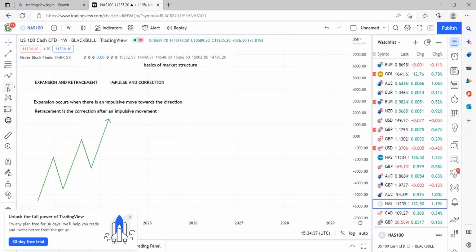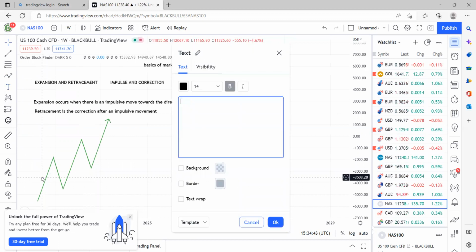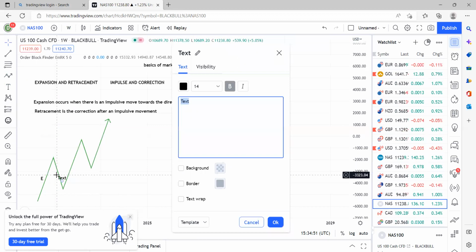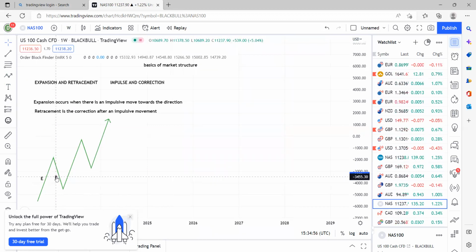So here, this is our expansion, and then this is our retracement. So impulse and correction.